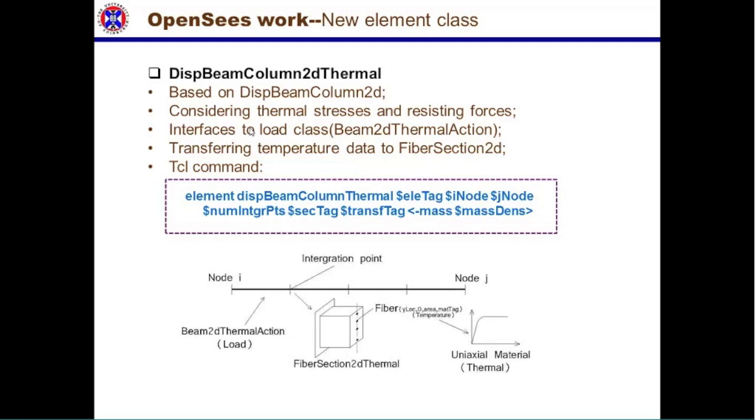And we have an interface to load the beam thermal action, transferring the temperature data to the fiber section. Actually, the temperature works just like the fire load pattern: we have the beam thermal action define the temperature data, and the temperature data will be transferred from the beam element to the fibers, and the fibers will find out where they are in the temperature zone, and get the real temperature of the fiber.